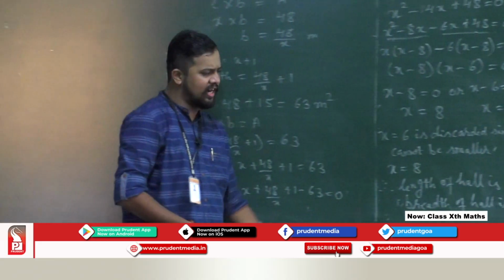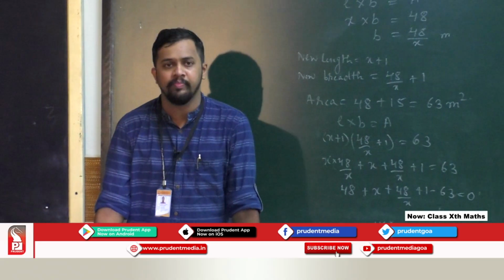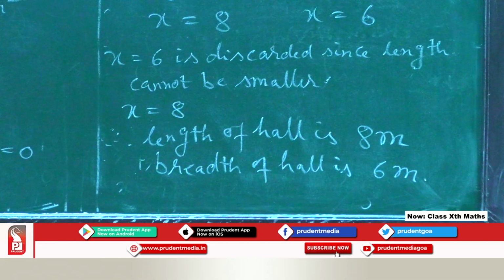Actually the one which we discard will be the breadth. So therefore the length of the hall is 8 meter and the breadth of the hall is 6 meter.